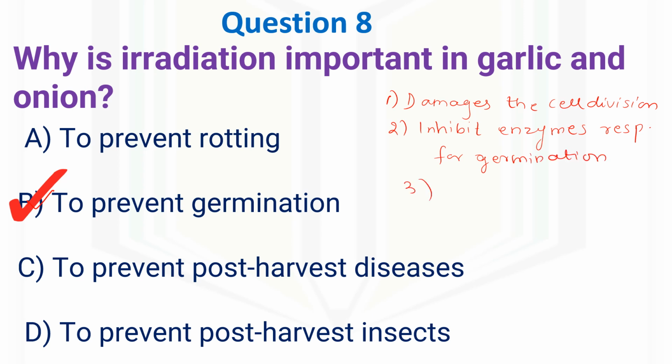And thirdly, it will reduce the respiration rate. If the respiration rate is reduced, then water or moisture will not be generated, and thus it will prevent sprouting. So it will slow down the metabolic processes, thus reducing the energy available for sprouting. So here our correct option is to prevent germination.